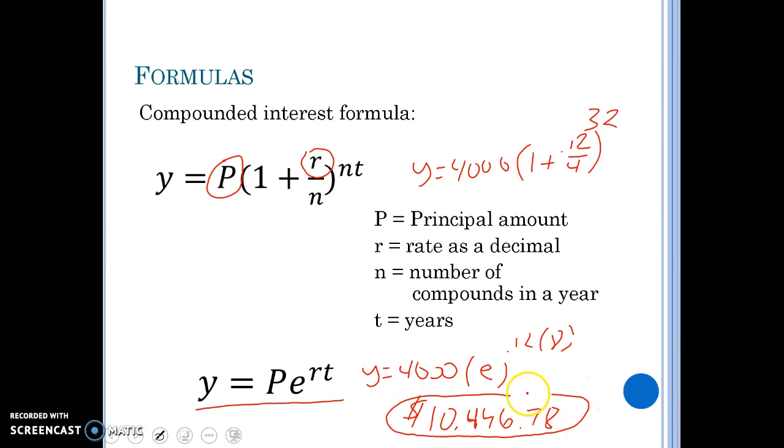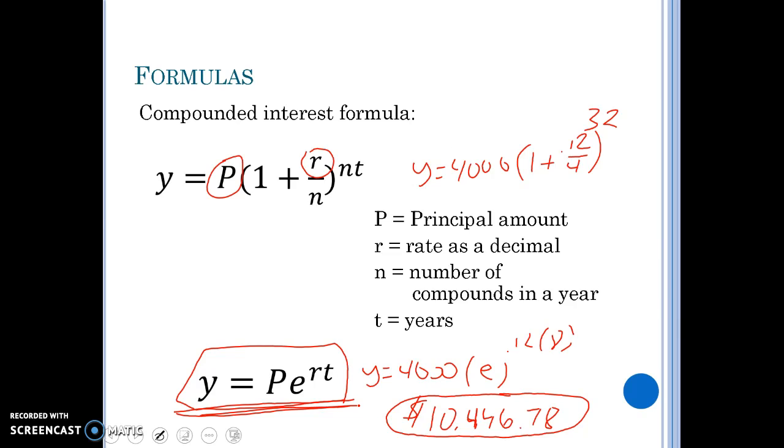That means if the bank just compounds it continually, every second, every fraction of a second, it's just continually being compounded. And so whenever it says compounded continuously, this is the formula that we're going to start using.